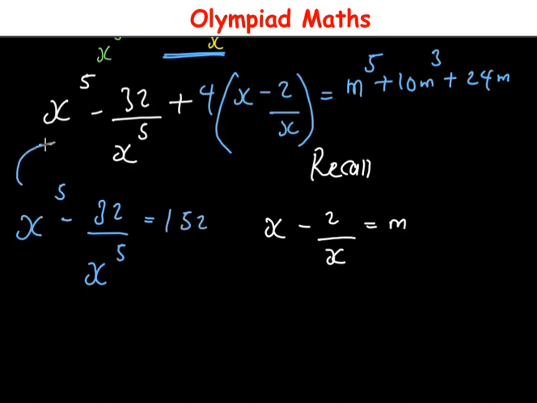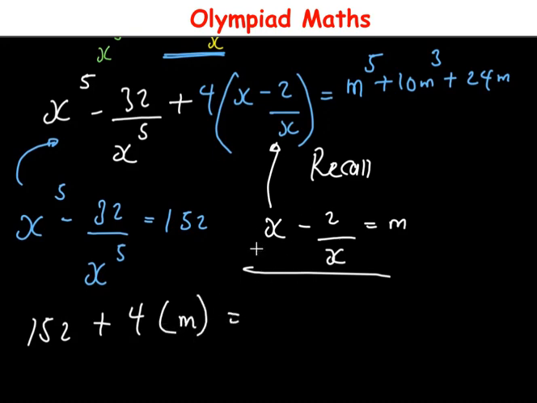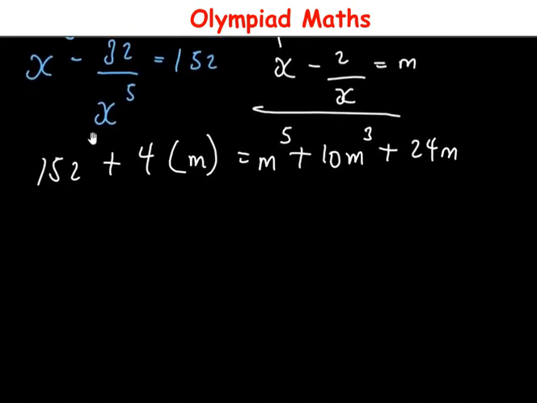So inputting this into this, and also x minus 2 over x into this, what we have is this becomes 152, then plus 4 into bracket m, and this equals, we have m raised to power 5 plus 10m³ plus 24m. So from here, we are then going to subtract 152 from both sides of the equation, and also subtract 4m from both sides of the equation.